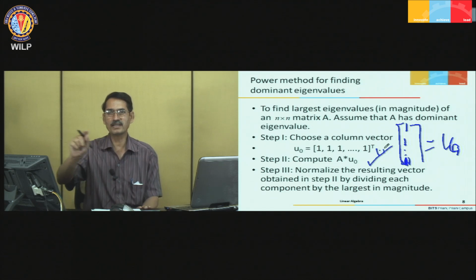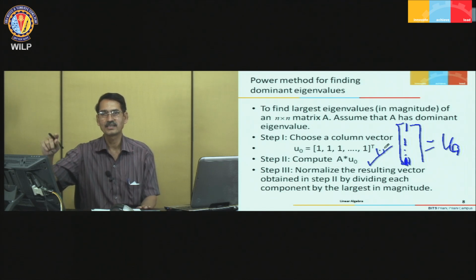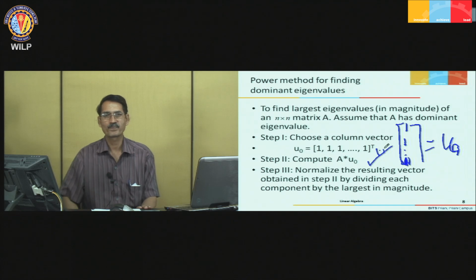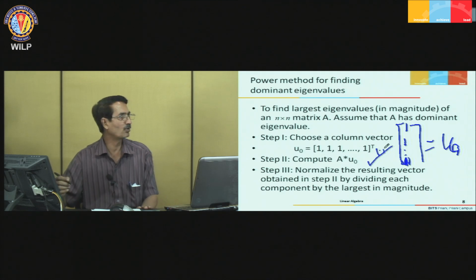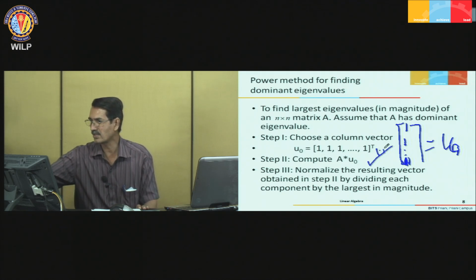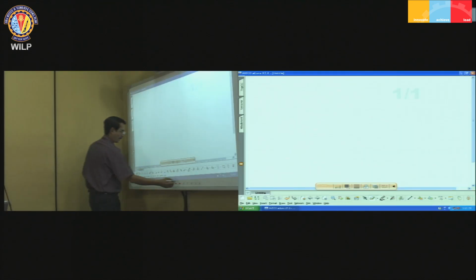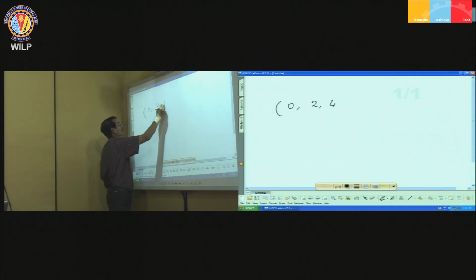So, now this one is in the normalized form. If x1, x2, up to xn, this is n tuples. If it is not clear, let me explain first on the blackboard, so that the idea will be clear, what is the meaning of normalized form. Okay. Suppose I am taking this vector 0, 2 and 4.